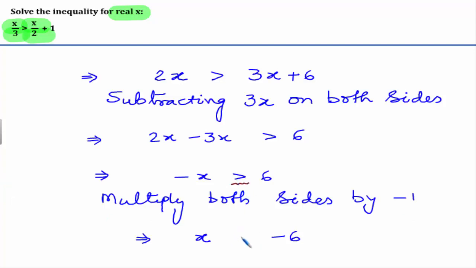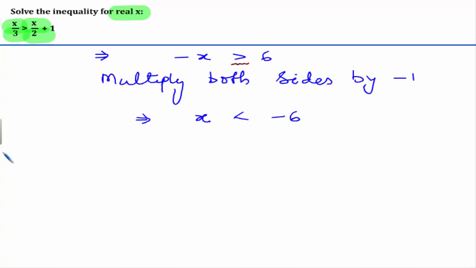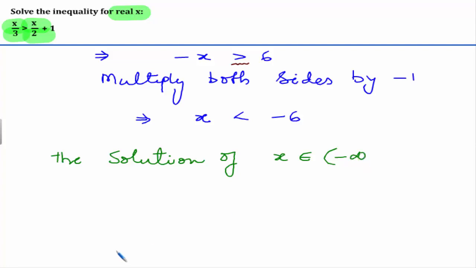Here it is greater than and this will be less than. So the solution of the given inequality is minus infinity to minus 6, but as this is only a less than symbol, we have to take an open interval.